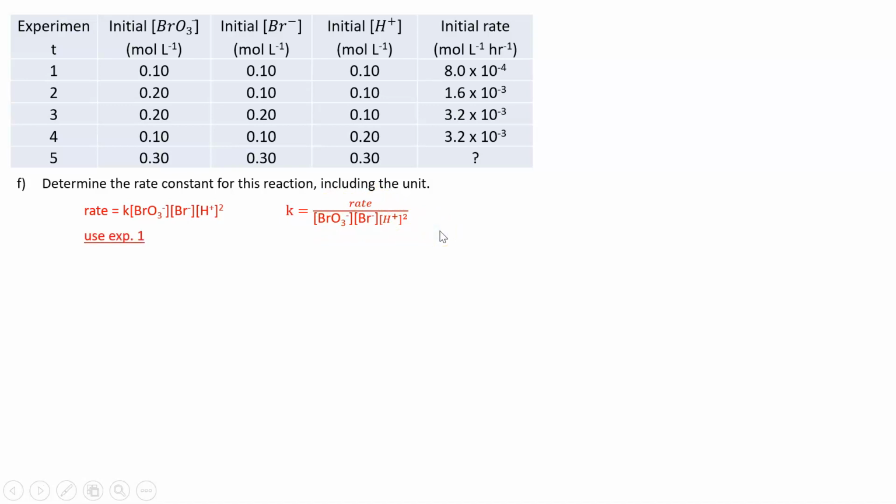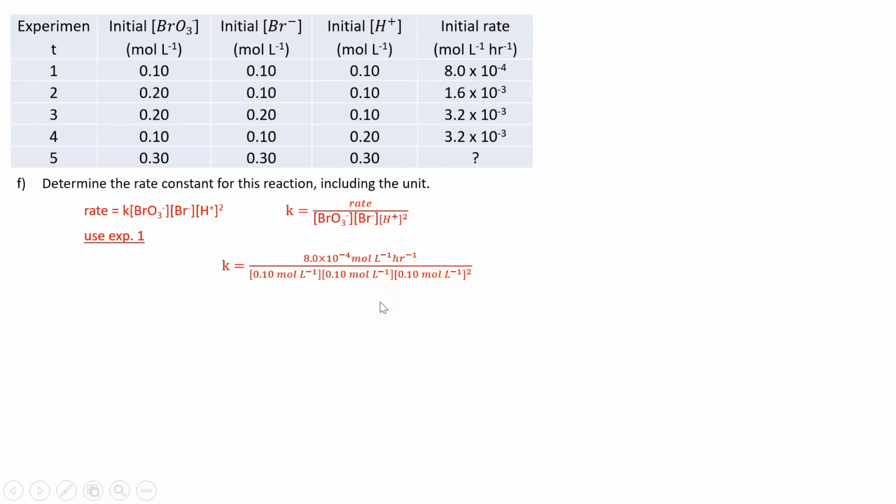We're going to use experiment 1. My rate is 8.0 times 10 to the -4th, and I've got my units written here. 0.10 moles per liter, or moles times inverse liters, 0.10 moles times inverse liters, and then 0.10 moles times inverse liters, and I'm going to square that one.